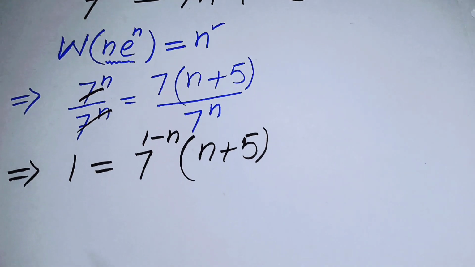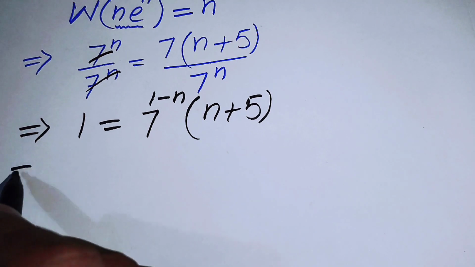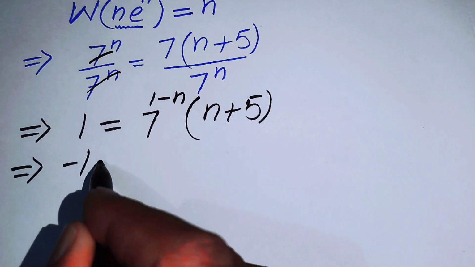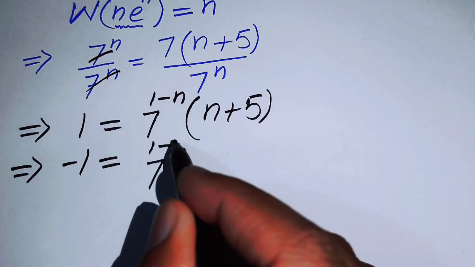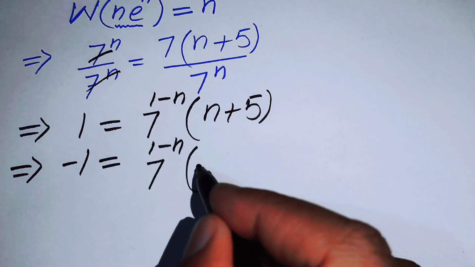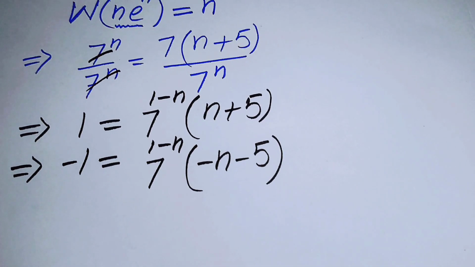In the next step we multiply both sides by -1, and we get -1 equals 7 to the power of 1 minus n into (minus n minus 5).